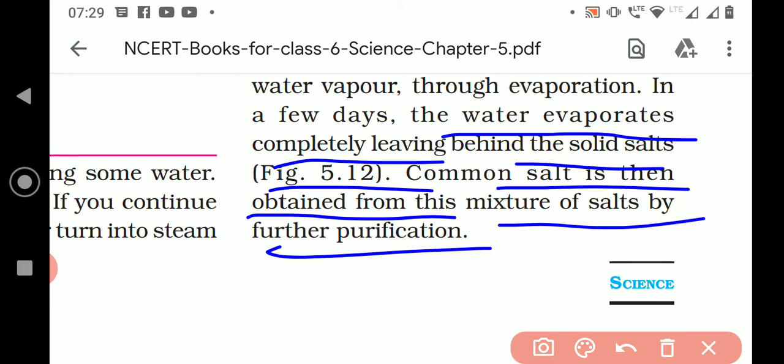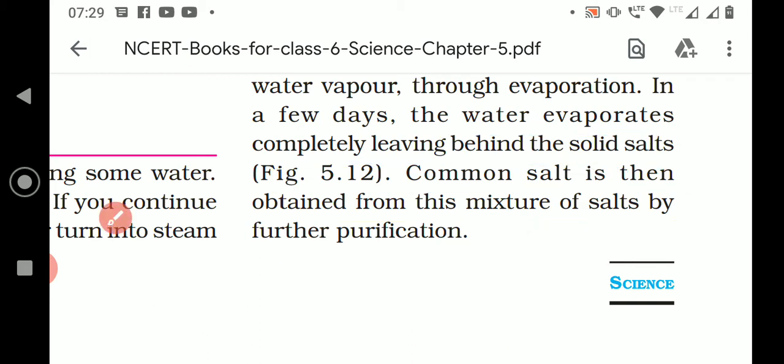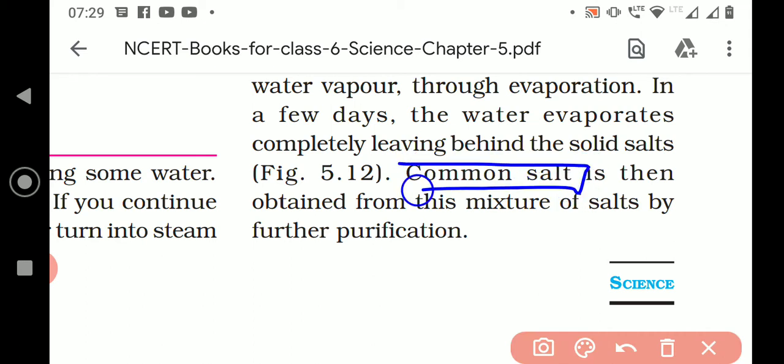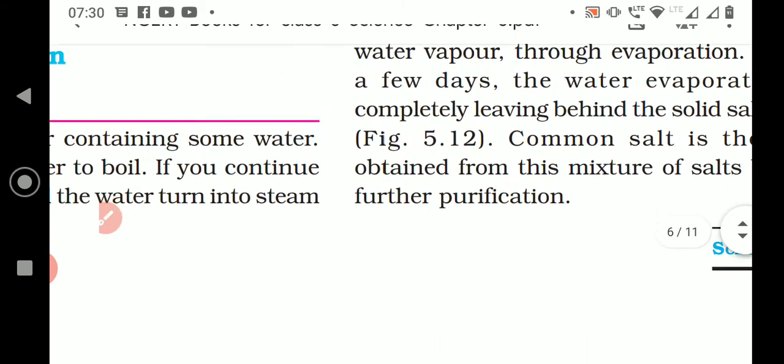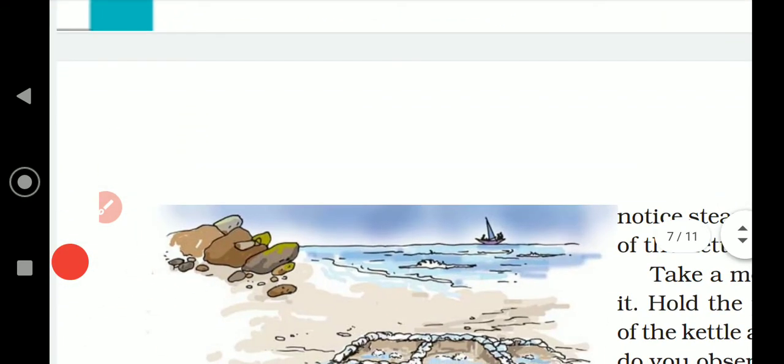So what salt do we receive from the seawater? It is the common salt. So they keep the water to evaporate, collect it and let it evaporate, and then after some time you get all the salt deposited, and that salt is not very pure.